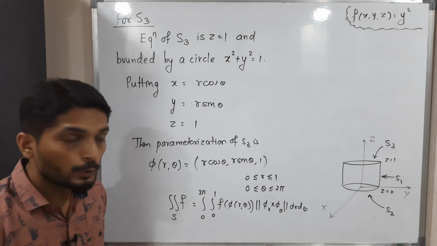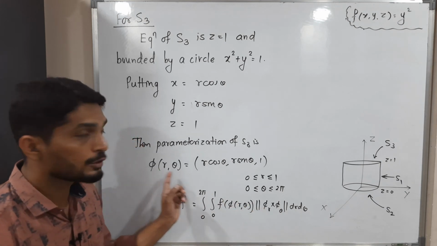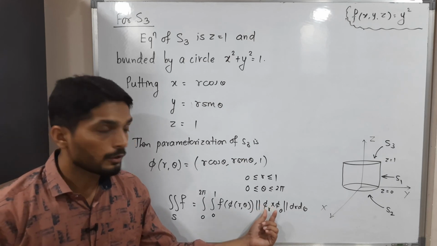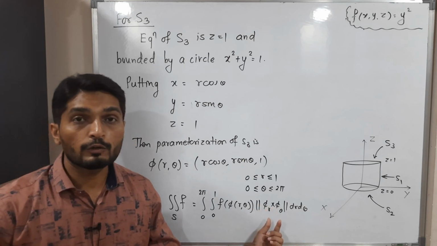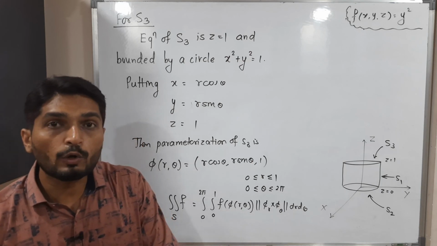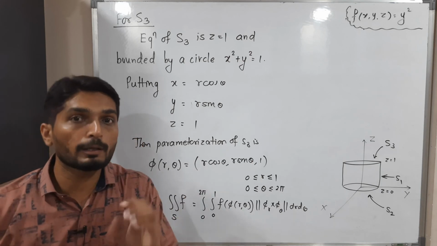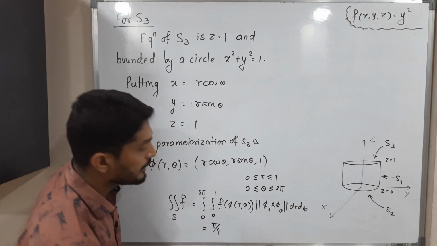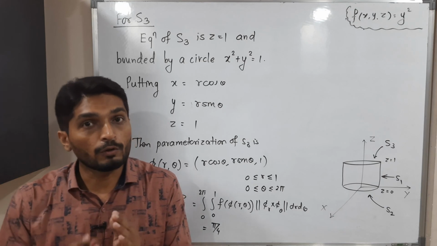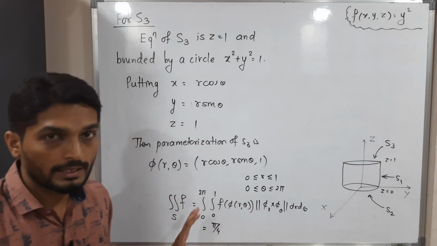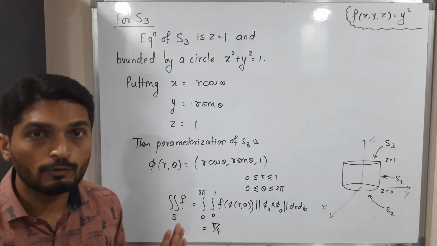So you have to find the derivative of phi with respect to r, the derivative with respect to theta, their cross product, then the norm, and at the end f of phi of r theta. By putting all those values here and solving the double integration, you will have the answer pi by 4. The same things we have already done for surface S2, so I hope you can complete it for S3 also. I am directly writing the value pi by 4.